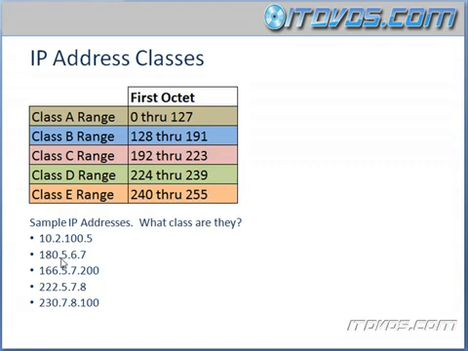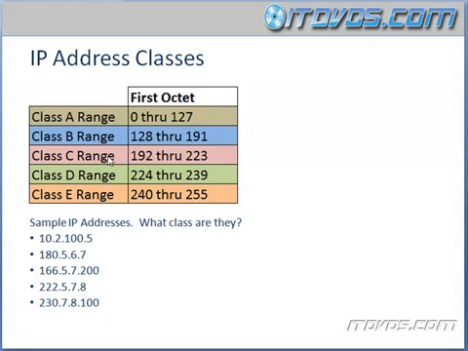What about 180.5.6.7? Well, that's in between 128 and 191. So that's a Class B address. 166.5.7.200. 166 is also a Class B address because it's between 128 and 191. What about 222.5.7.8?